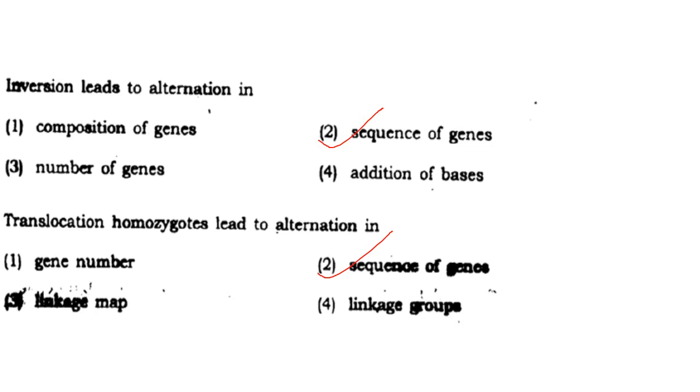Answer is option 2 sequence of genes. Next one. Translocation homozygotes lead to alteration in option 1 gene number, 2 sequence of gene, 3 linkage map, 4 linkage group. Answer is option 2 sequence of genes.